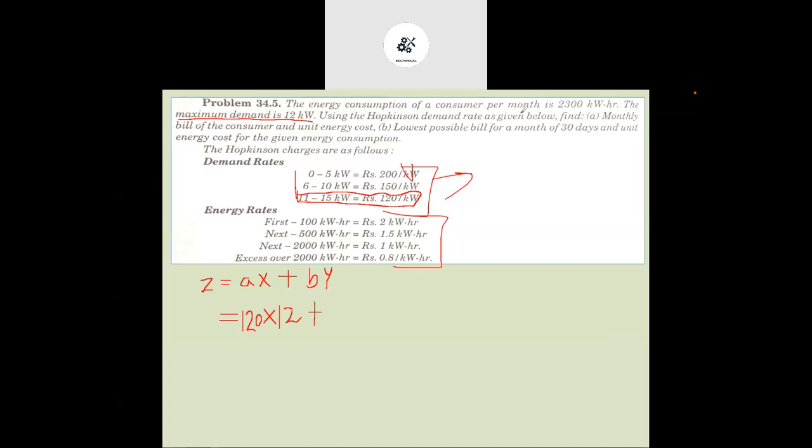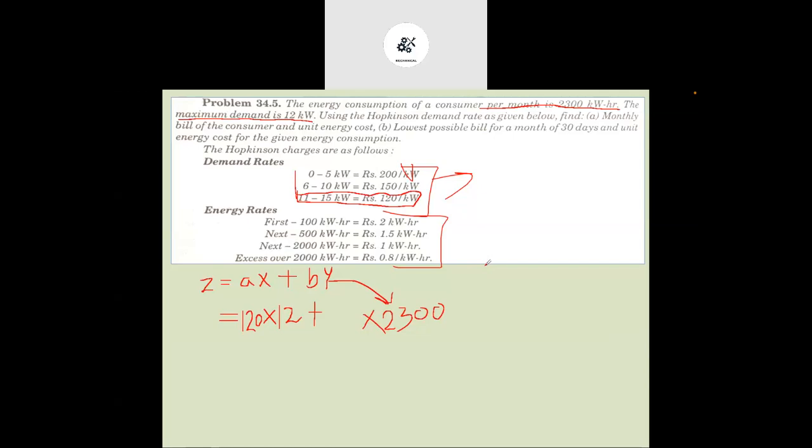Now plus second, that is the total energy consumed, that is the Y, and it is again given that the energy consumption of the consumer per month is 2300 kilowatt hour. So the value of Y is 2300, into the rate for this particular equation.